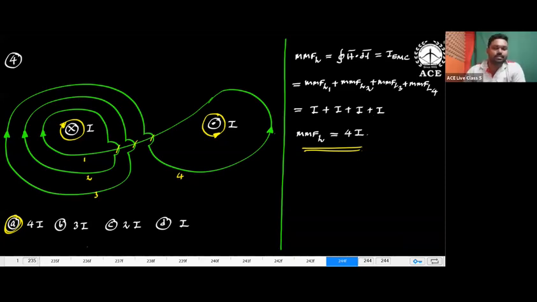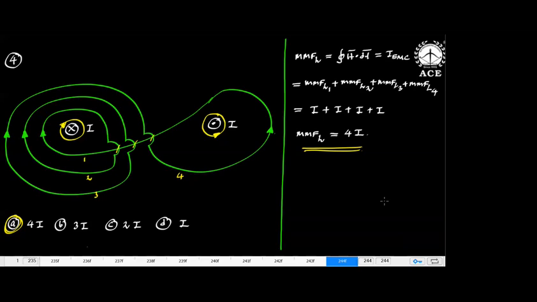Come again. Sir, the fourth loop, suppose this will not overlap here, and the dot I is inside the loop, then does it cancel, sir, or not?